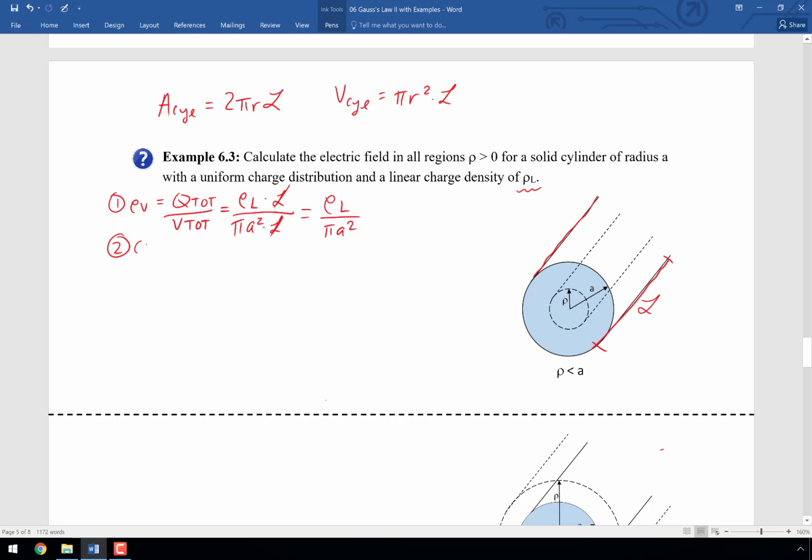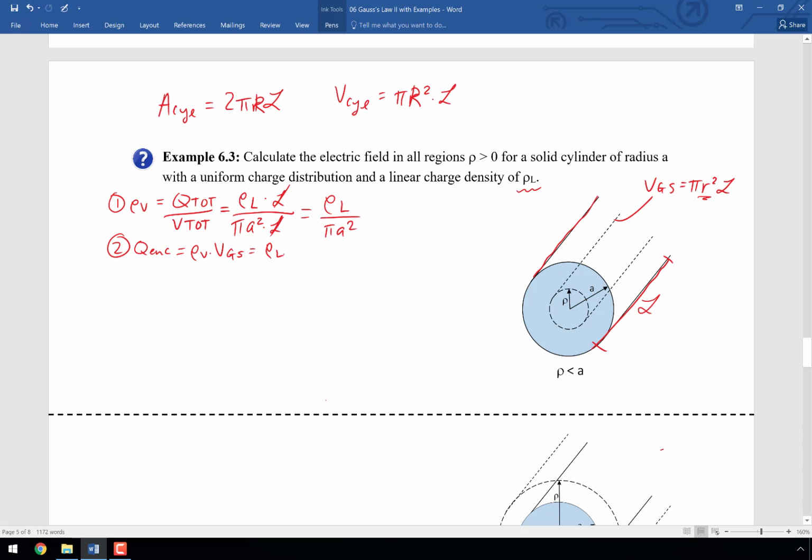Step 2, what is the enclosed charge? I've sort of blended together calculating the volume of the Gaussian surface. I'll just mention over here, volume of the Gaussian surface is going to be pi r squared times L. And following the example that I had done previously, these should be capital R's because they're generic, and then the lowercase r that's right here is specific to this problem. So Q enclosed is going to be rho sub v times the volume of the Gaussian surface that contains the charge density.